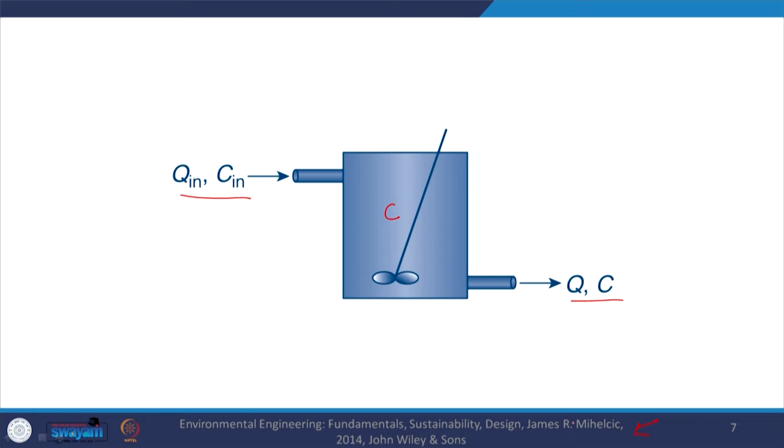So, we have this particular information. Let us try to apply the mass balance equation to this. When I say this, how do I describe this kind of a system? So, it is called a continuously stirred tank reactor, always stirred tank reactor.